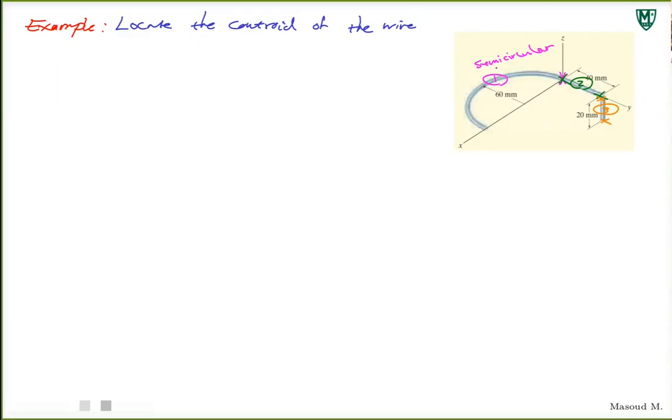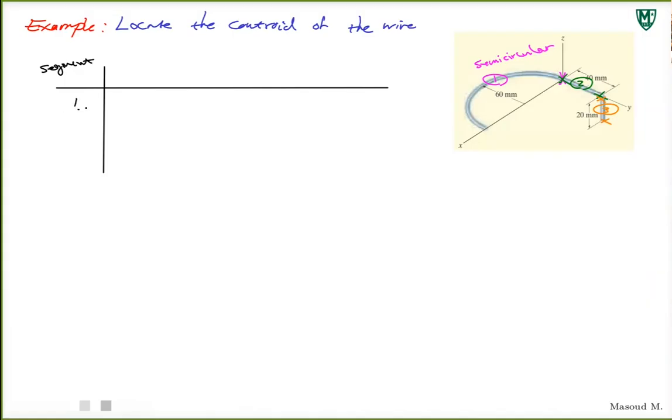Now here is what we do, just the general procedure that makes your life easier and leaves less chance of making a mistake. We create this table, call this segment. How many segments do we have?